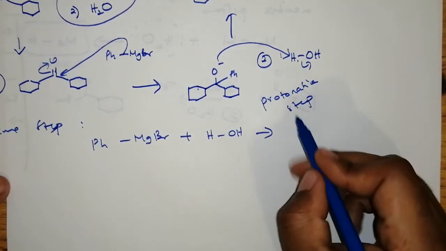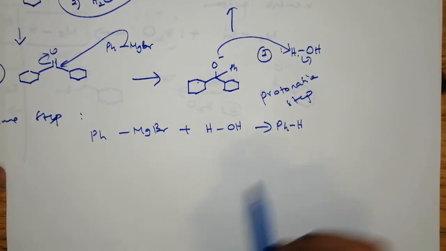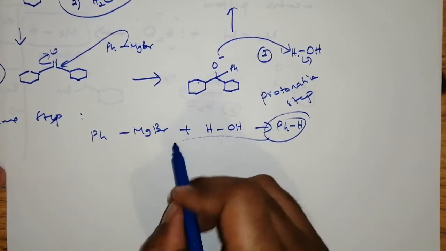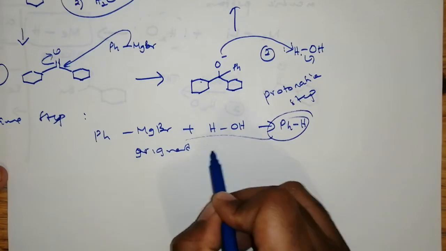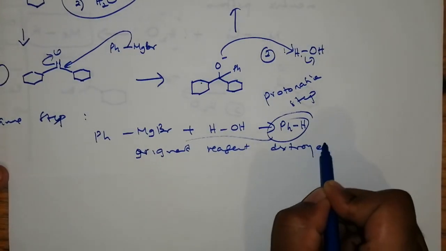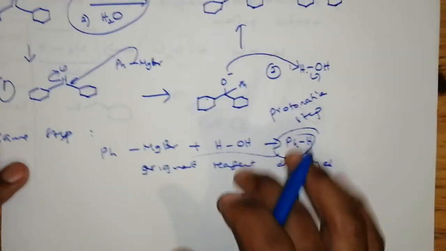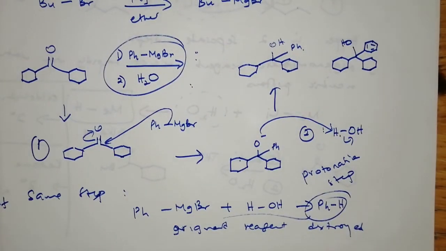So you're going to have something like this. And this means that the Grignard reagent is destroyed, right? And we don't want this. Hence, these must be in two separate steps. That is very important, guys.